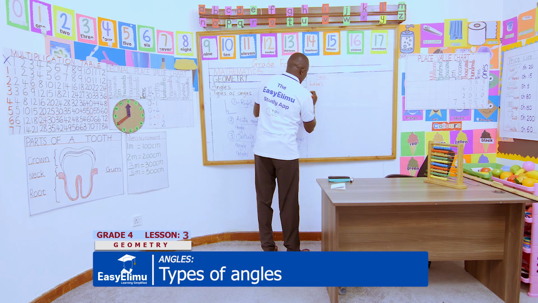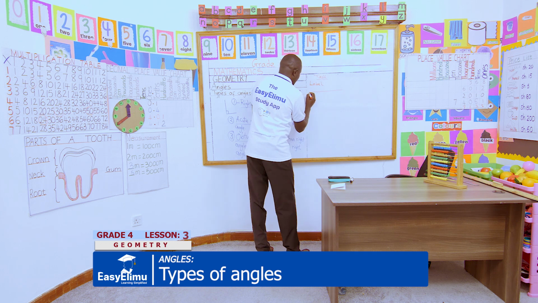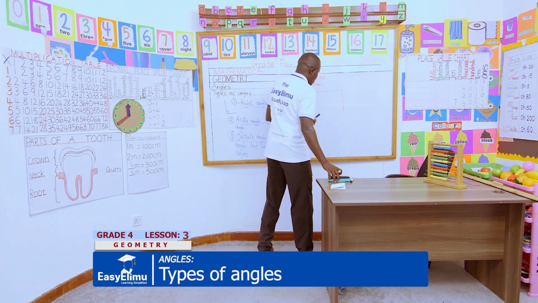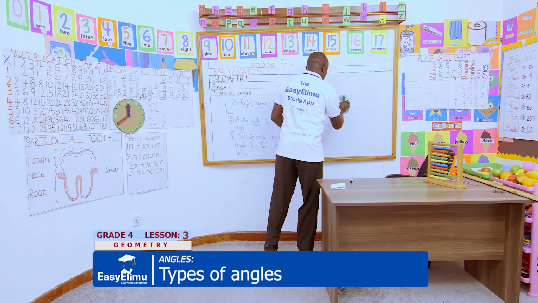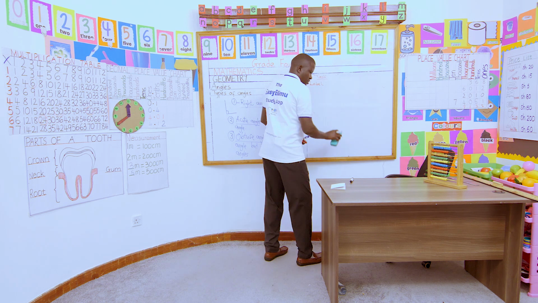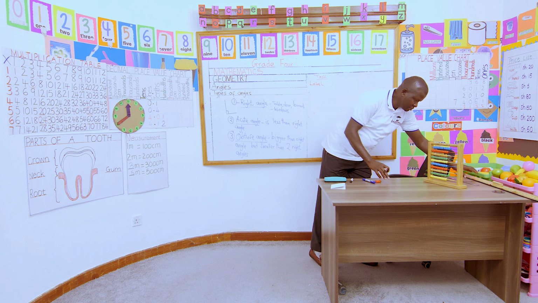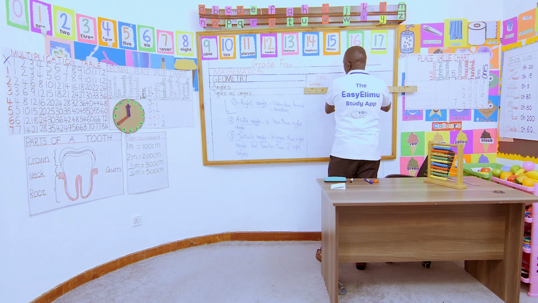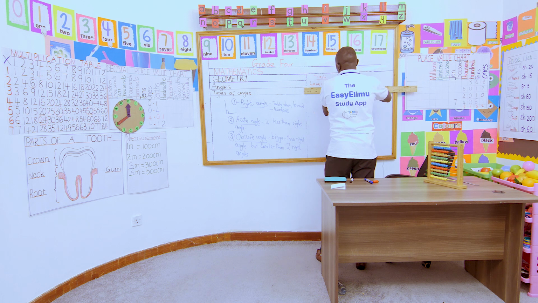What are you labeling? Let me show you here what you are labeling. This is what you are labeling. Let me use my ruler to draw straight lines. Let me not use my free hand. Label the following.